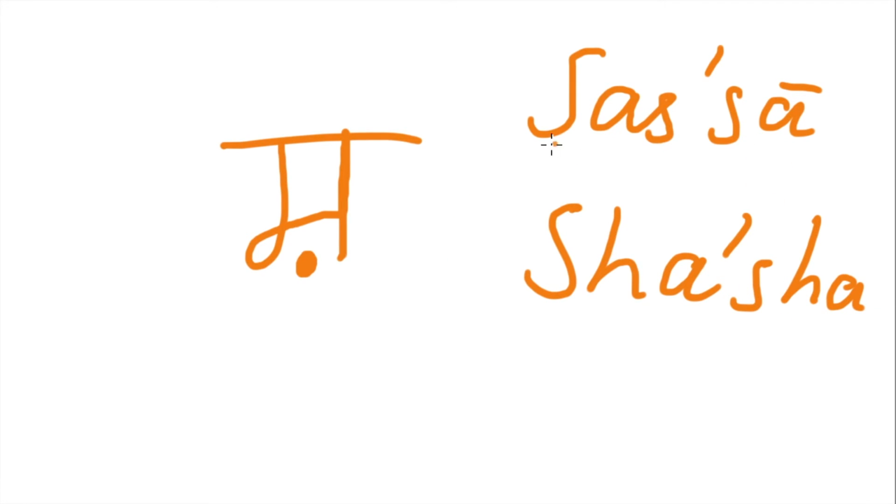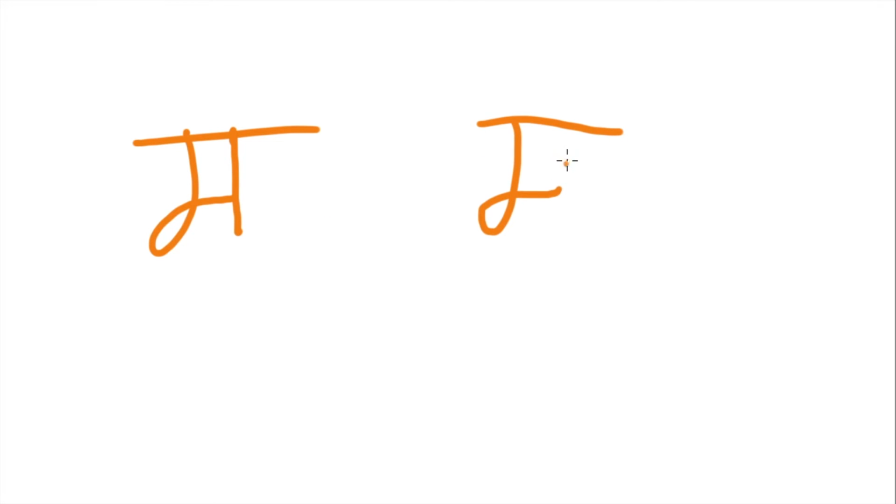So we notice that a sassa becomes a shasha. Placing a bindi underneath a sassa makes it into a shasha. So this is a sassa and this is a sassa with a bindi, which makes it into a shasha.